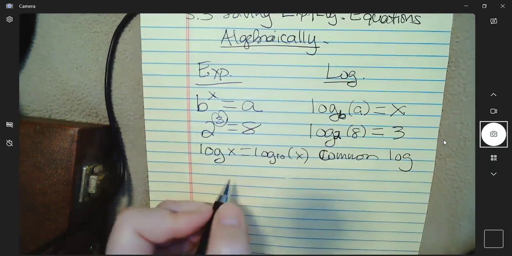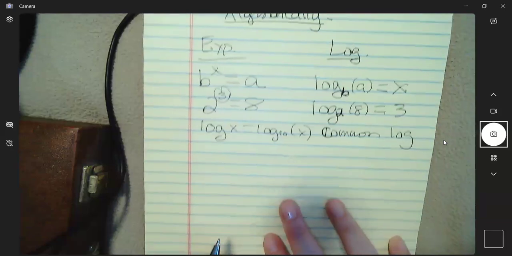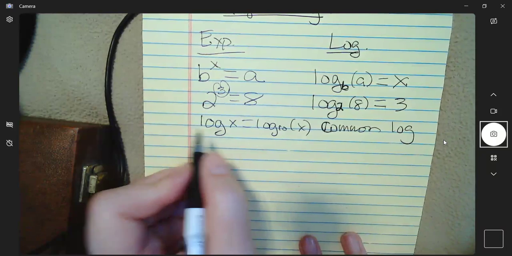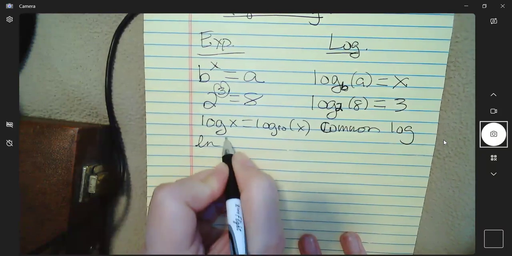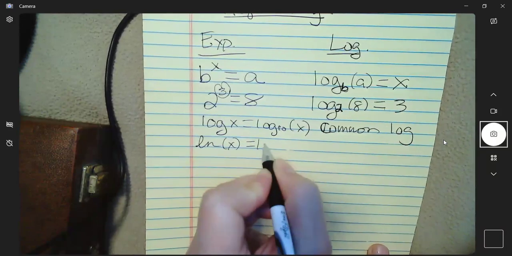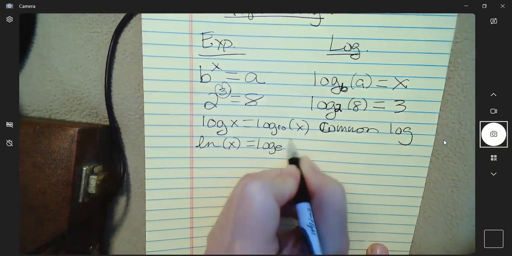And if we work in base e a lot, because of financial applications, like compounding interest continuously, we use ln of x, and that means the natural log, which is the same thing as working in base e.